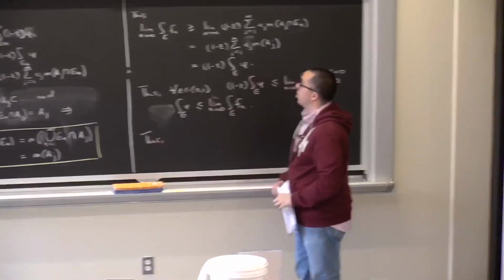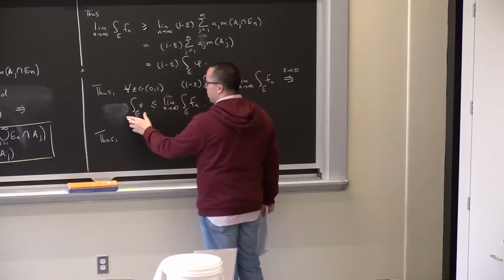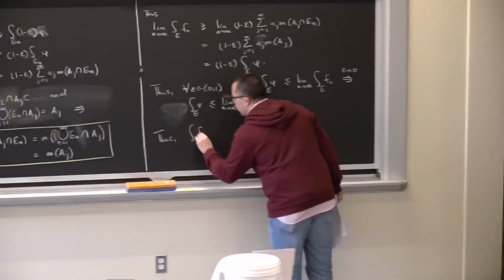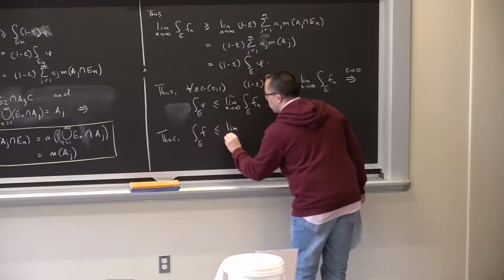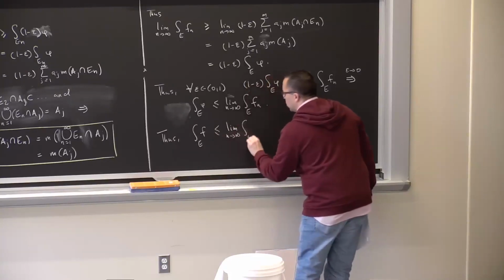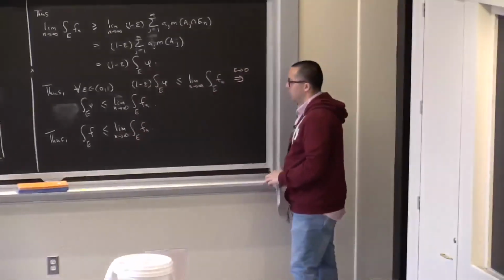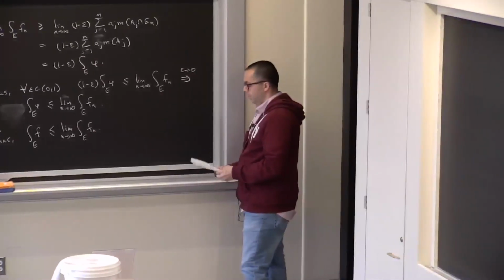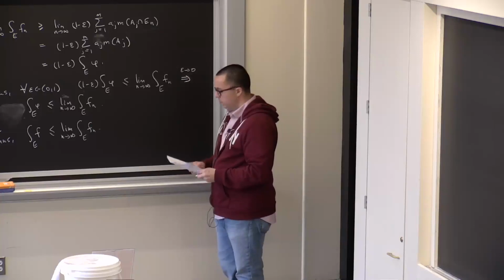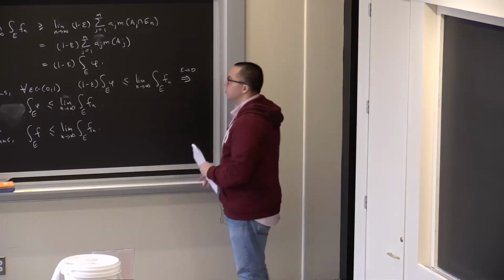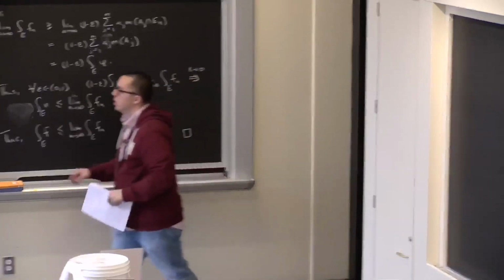And since phi is an arbitrary simple function that's less than or equal to f, the sup over all of these, which is by definition the integral of f, is less than or equal to the limit of the integrals. Okay? All right. That's the end of the proof.